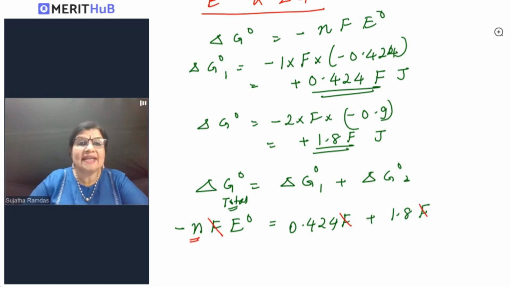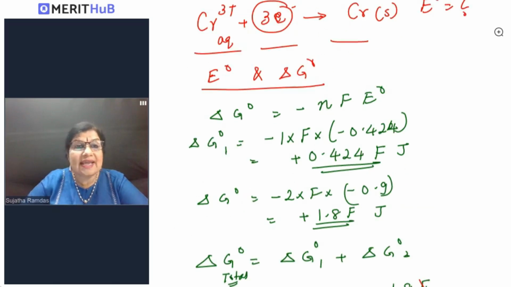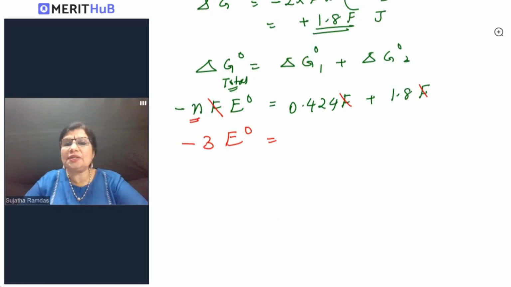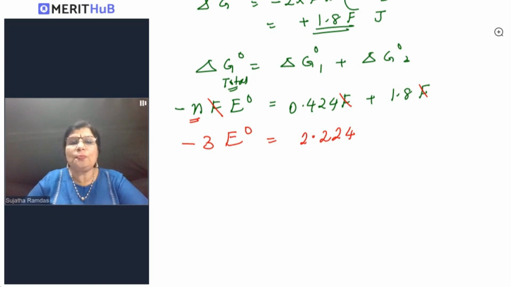And what is n equal to in the final target equation? n is equal to 3. So we substitute n as 3. So this becomes minus 3 E naught, that is equal to 2.224.